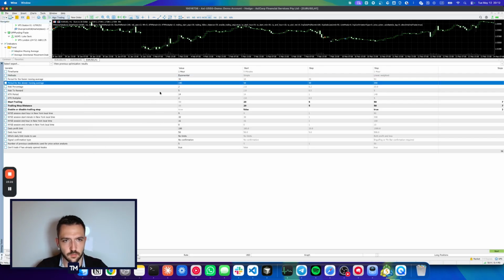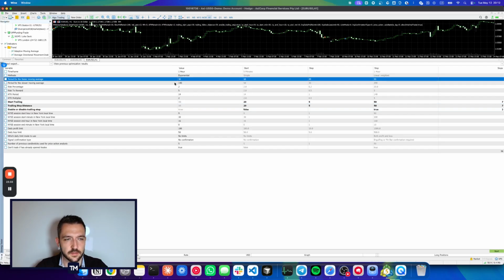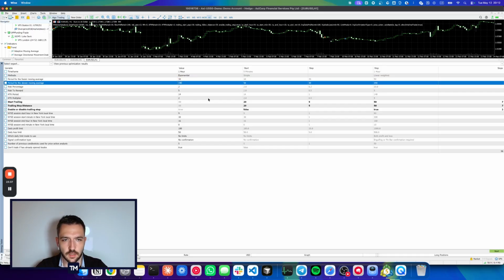Let's keep it simple and take these two, okay? There is the fast moving average in the EMA crossover strategy and the slow one. I think we mentioned that on the mirror board also. Let's say you want to go over different combinations.